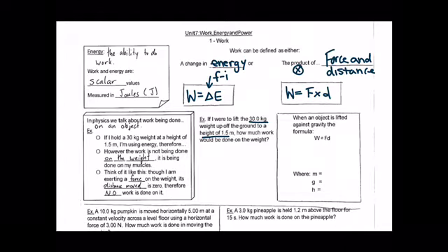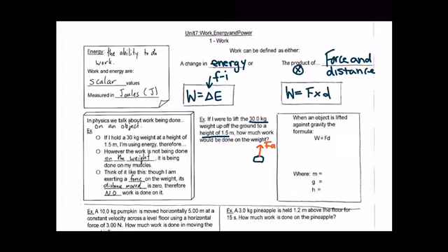So here's my weight of 30 kilograms. And we've got a force applied. And then we also have the force of gravity working on that weight. Put this weight up at a constant velocity, you're not accelerating or anything. So your force applied and force of gravity will be the same.